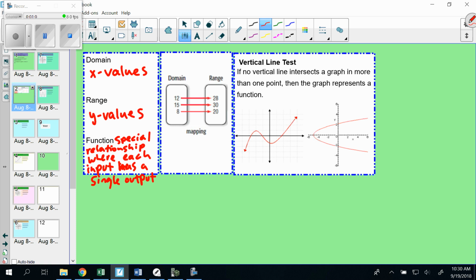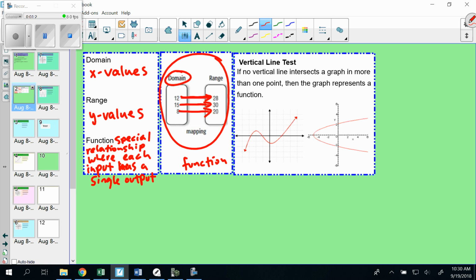Okay, so in the examples here, this mapping we would say is a function because each of the inputs in our domain maps with exactly one output in the range. Okay, so that's an example of a function.